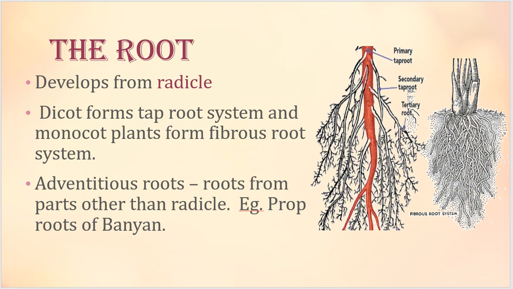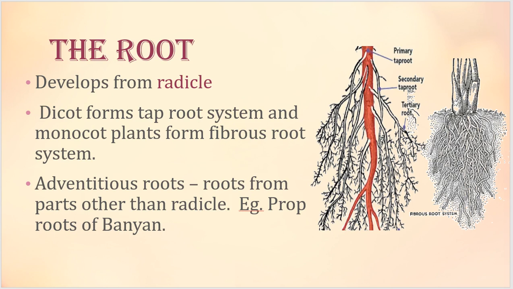In plants like grass, paddy, maize, sugarcane, in monocot plants, what happened here is the embryo develops its radicle, but the radicle produces the taproot system, which is very short-lived. The primary taproot system, which is produced in monocots, will be very short-lived.